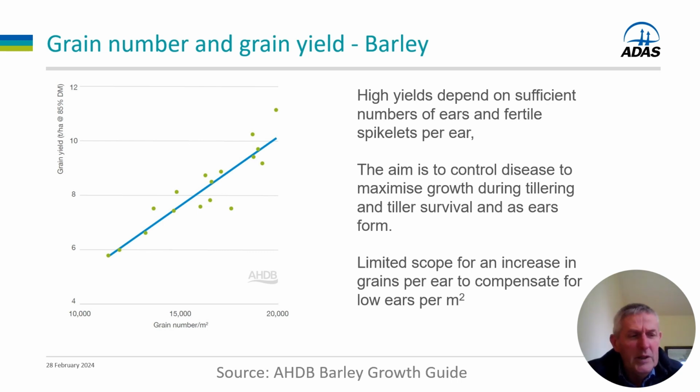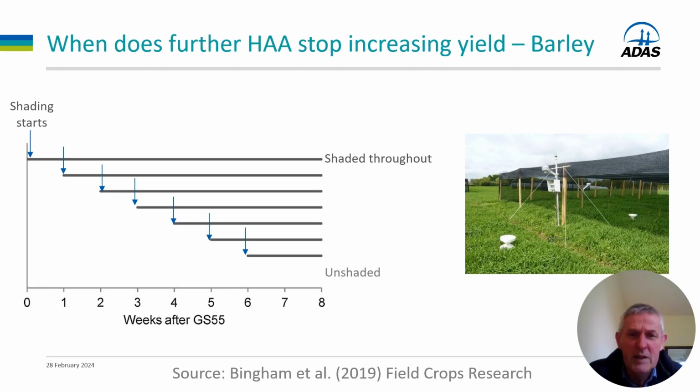So the question then is, how long do we need to keep this canopy alive for in barley? How long do we need to protect it against the effects of disease? And we looked at that in a series of experiments that were conducted in England and Scotland over a number of seasons. The ideal way of working out how long we need to protect against disease in barley would be to have a series of well-behaved epidemics that stopped and started when we wanted, and we could measure their effect.